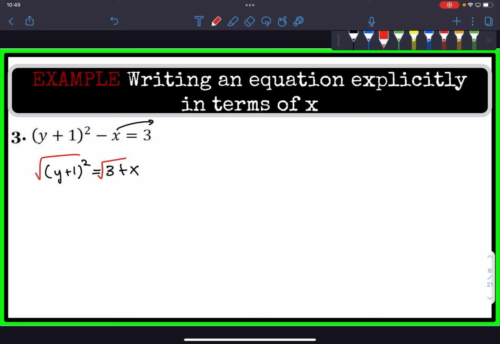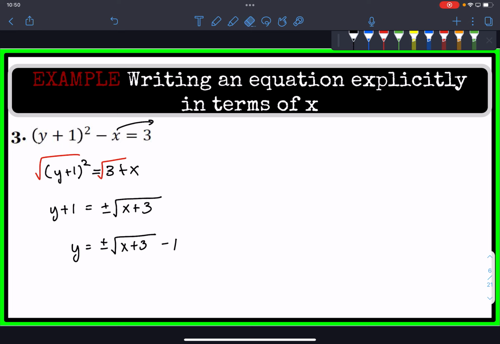By taking the square root, we can cancel out that square, and we now have y plus 1 is equal to still the positive and negative square root of, I'm going to switch those terms, x plus 3. So now I can subtract the 1 from both sides, and y will equal the square root of x plus 3, minus 1.